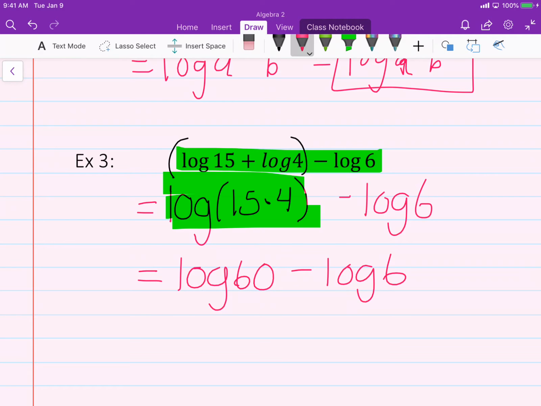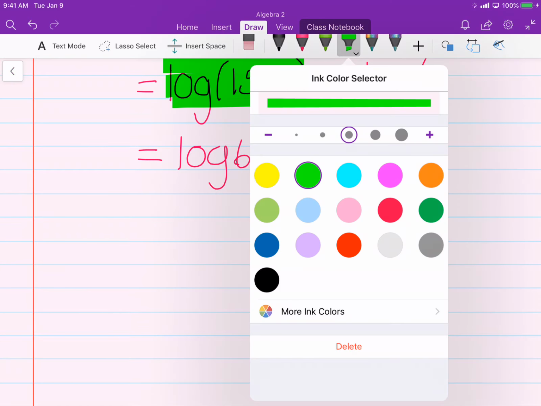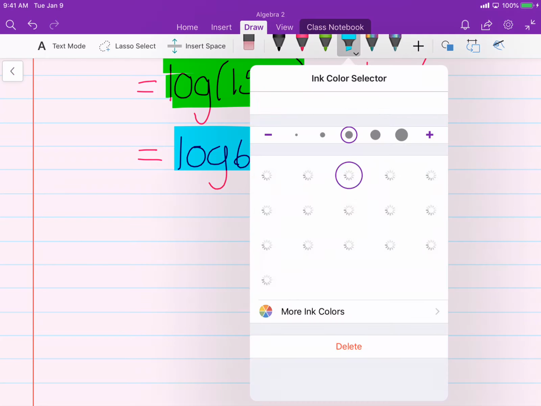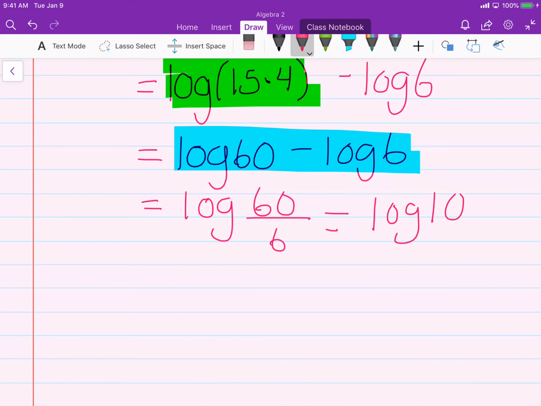And then once you have used that product rule, you can go ahead and now use your quotient rule to simplify this even more. Because they are being subtracted, you're going to go ahead and divide out your answer. So this would be a single logarithm. It would be the log of 60 over 6, which simplifies down to just the log of 10. And that's your answer.